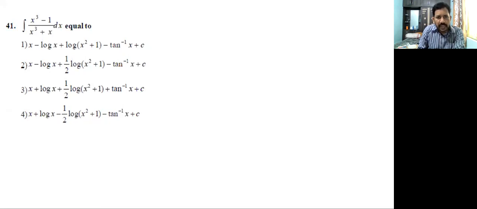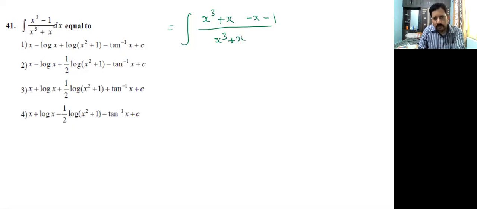See, I am thinking like this. The numerator x cube minus 1 is there. I am writing x cube plus x minus x minus 1 divided by x cube plus x, without using partial fractions.